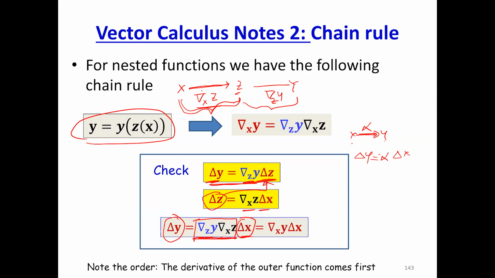Yes or no, guys? Yes. Okay, so the derivative of y with respect to x is the derivative of y with respect to z times the derivative of z with respect to x. Can I change the order? No. No, because then it's not going to connect up like this, right? So it's going to be the outermost term first, and then you're going to keep going backwards.